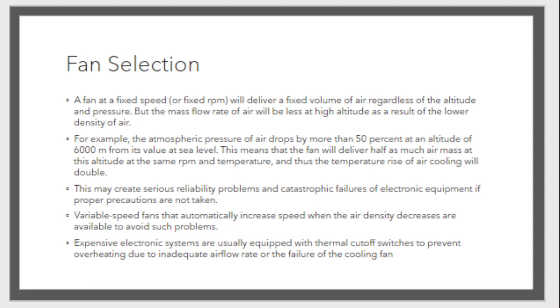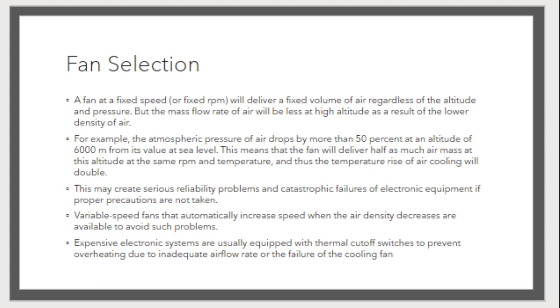For example, the atmospheric pressure of air drops by more than 50% at an altitude of 6,000 meters from its value at sea level. This means that the fan will deliver half as much air mass at this altitude at the same RPM and temperature, and thus the temperature rise of air cooling will double.